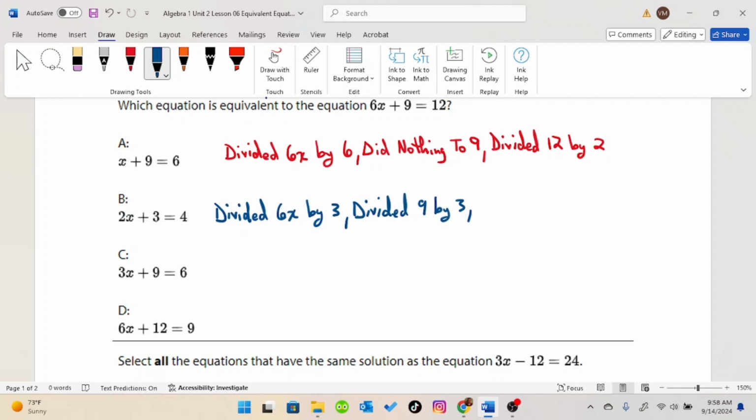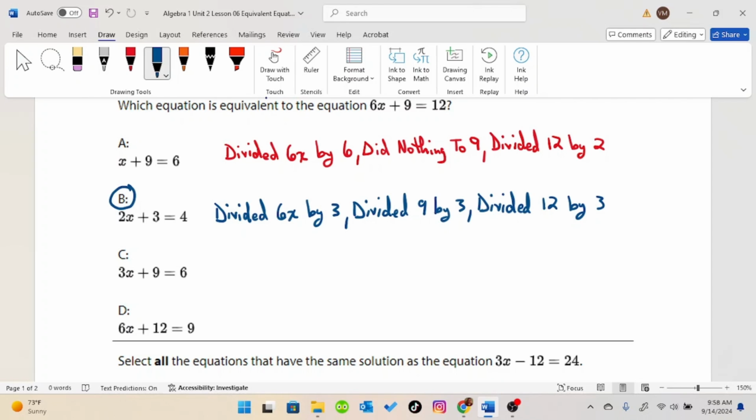And to go from 12 to 4, they divided by 3. Here they did the exact same thing, dividing by 3 to each part of the equation to get the new equation. So B is an equivalent equation.